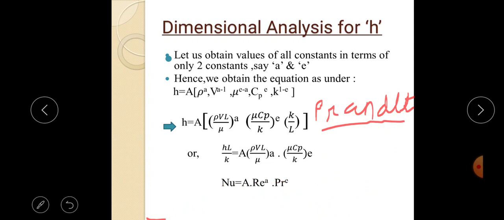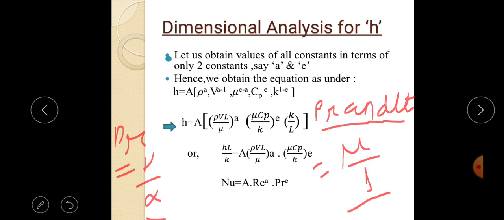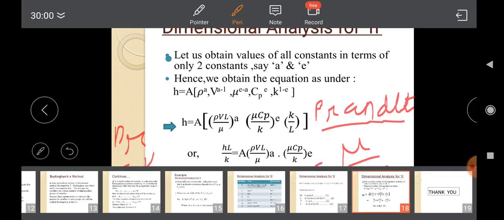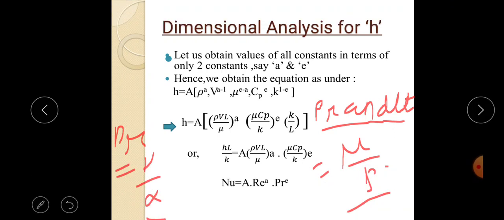So we can write Pr as nu by alpha. Nu is the kinematic viscosity, which is of course the dynamic viscosity mu divided by density rho, and alpha is K divided by Cp into rho.